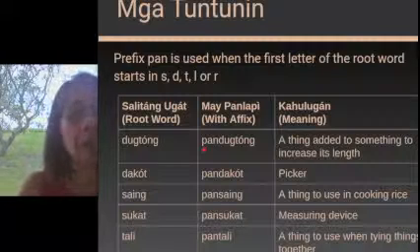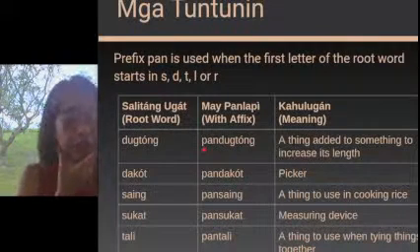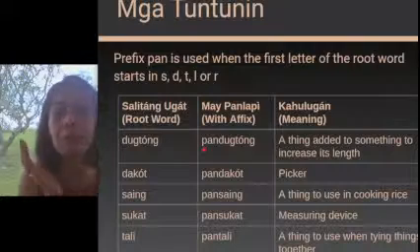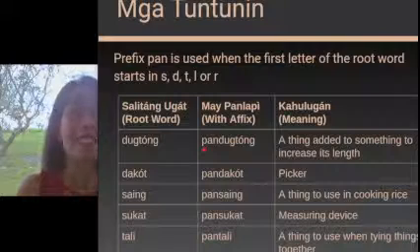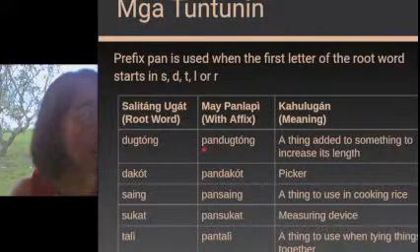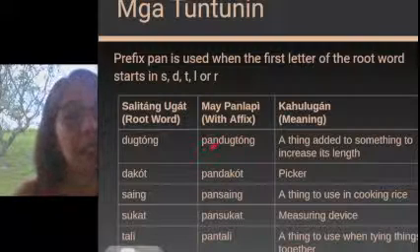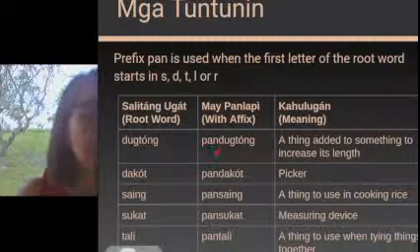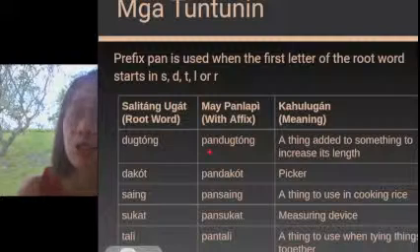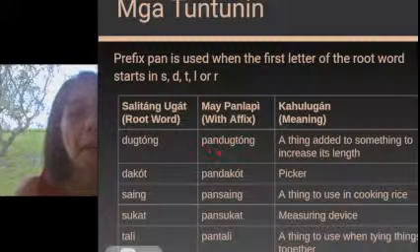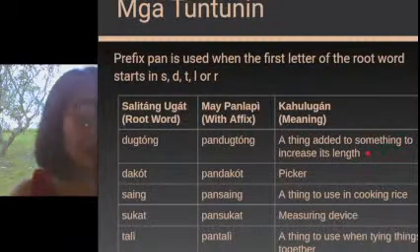So if we want the words to be said faster or easier, you can choose. It can be pang, pan, or pam. Pandugtong is easier to say than pang dugtong. You cannot also say pam dugtong. It's odd. Pandugtong, a thing added to something to increase its length.